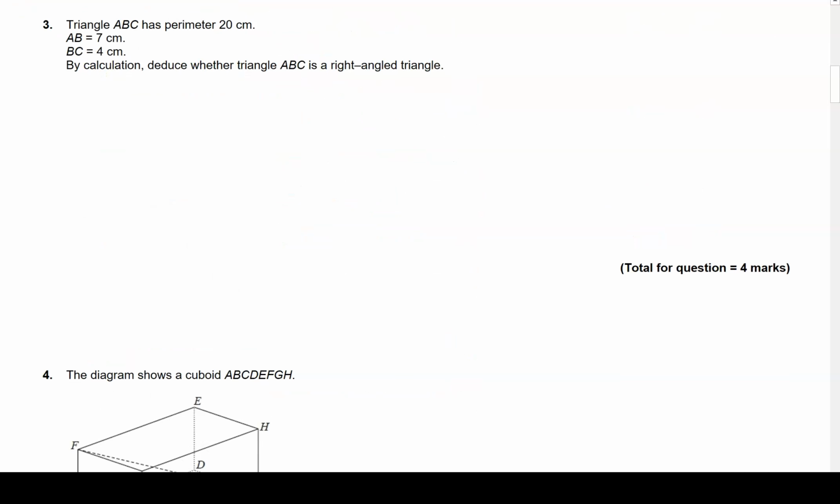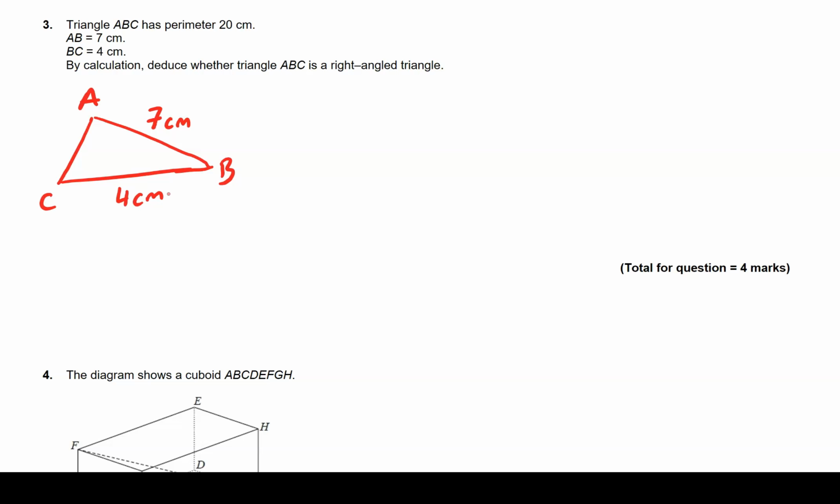Part 3, no diagram here, but ABC. We don't know that it's right angle. I've drawn it equilateral. I'm going to draw it random. I'm going to call it A, B, C. Doesn't really matter how you draw it, to be fair. AB is 7 centimetres, BC is 4 centimetres. By calculation, deduce that it's right angle.